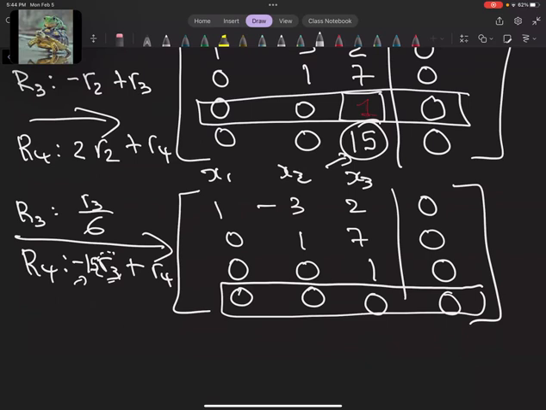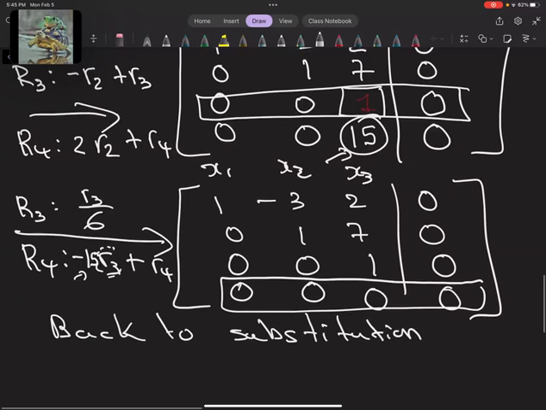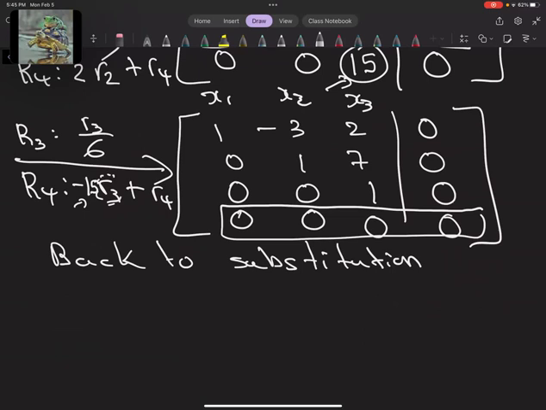You have 3 columns, but you have 4 rows. And the 4th row is just 0. So it looks like infinitely many solutions, but it's not, because I only have 3 columns. So I need to do back substitution. So don't be too fast. Better always do back substitution so you don't lose points, okay?